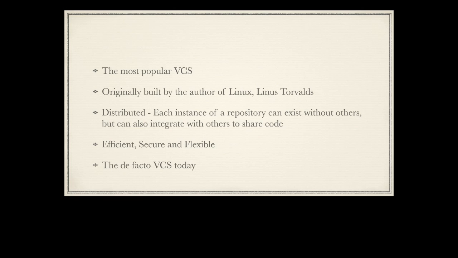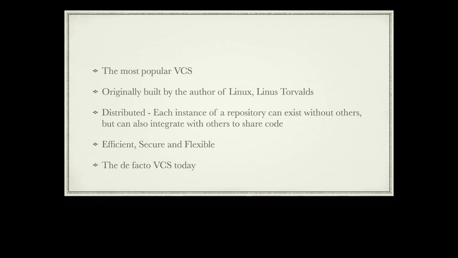It was actually built by Linus Torvalds, the author of Linux, although it's a very large open source project that has several contributors. But it was originally built by Linus Torvalds.